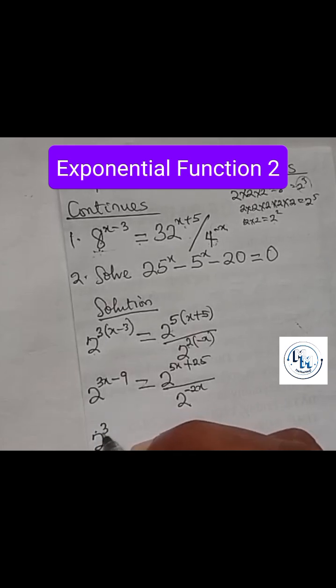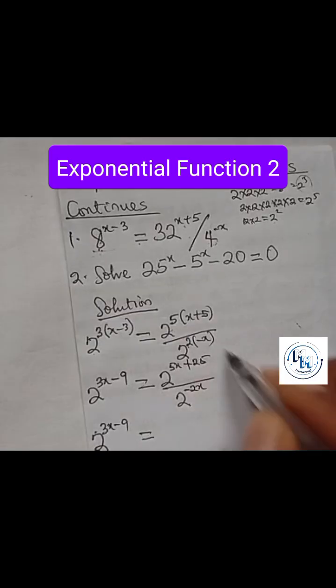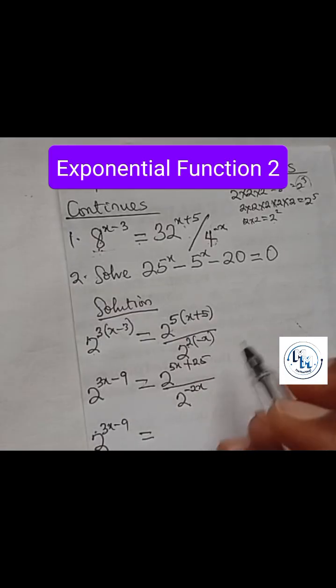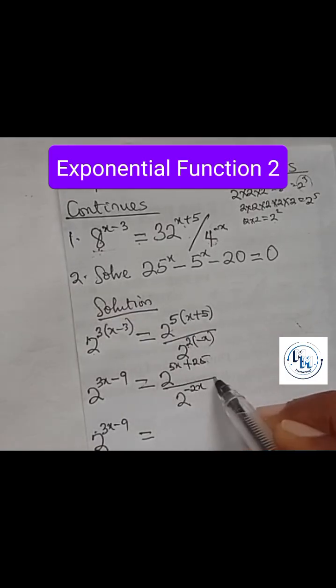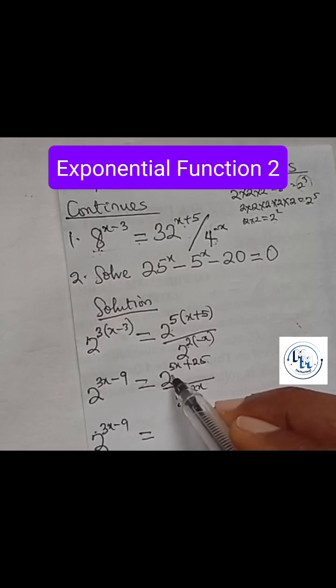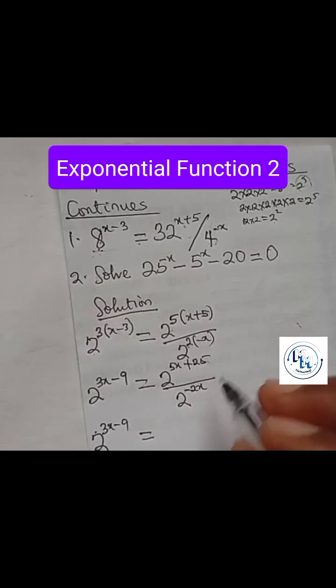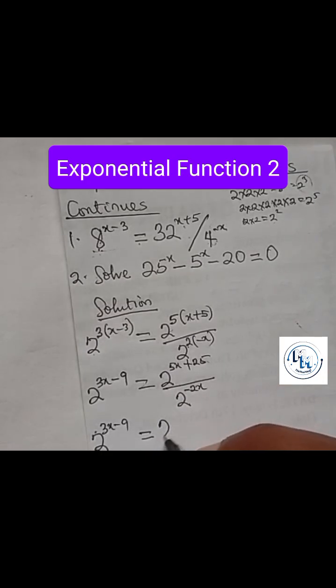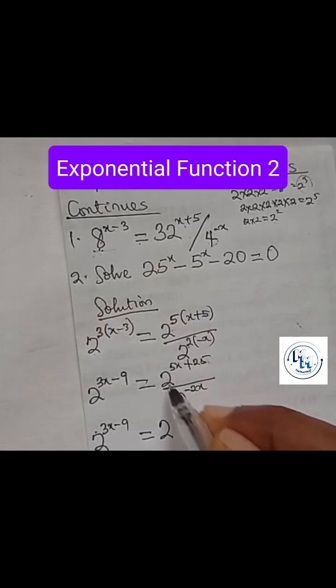Now we have 2 power 3x minus 9. What we have here is more like saying this divided by this. You remember in the law of division, you take one of the bases, then subtract the powers. I'm going to take 2, which is one of the bases, since they are the same.